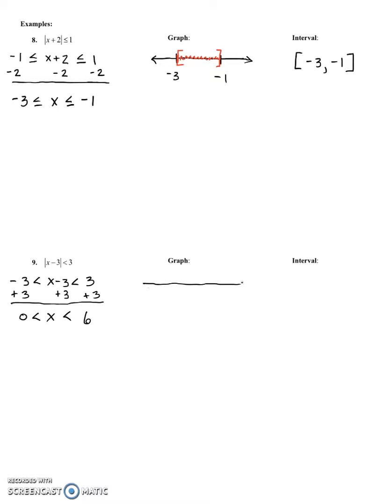If we graph that, we have 0 and 6, and since our inequality symbol was a less than, we use parentheses, but we still shade everything between them. Then our interval is (0, 6) with parentheses because we do not include the endpoints.